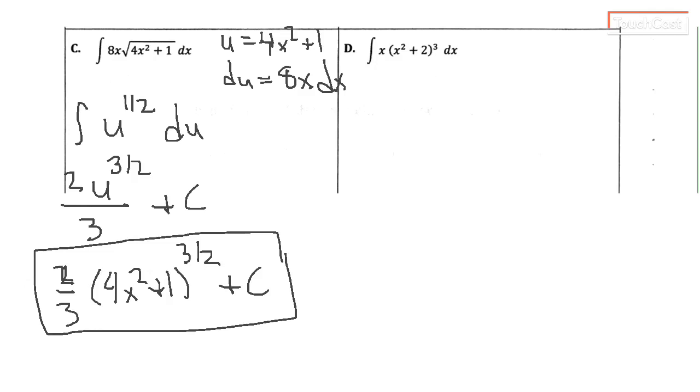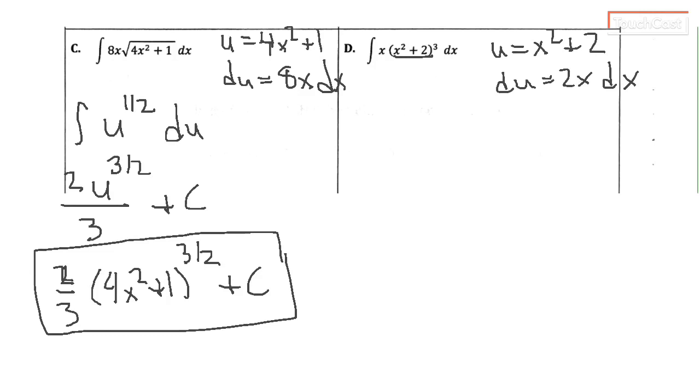When we're looking at this next part, part D, I'm still going to take what's inside parentheses and call that u. So I'm going to go u is equal to x squared plus 2. Then when I find du, I'm going to get 2x dx.